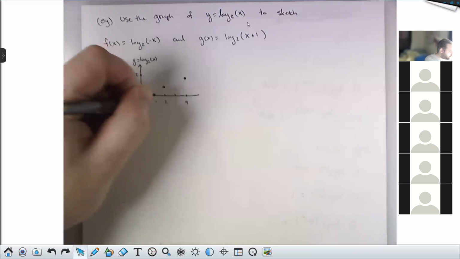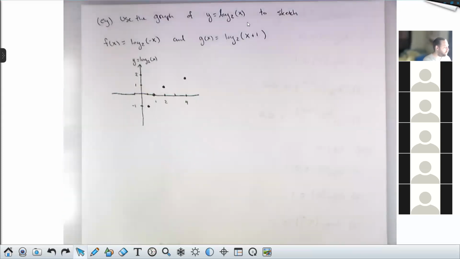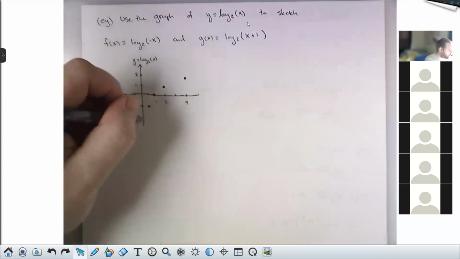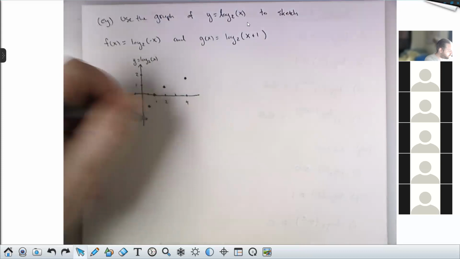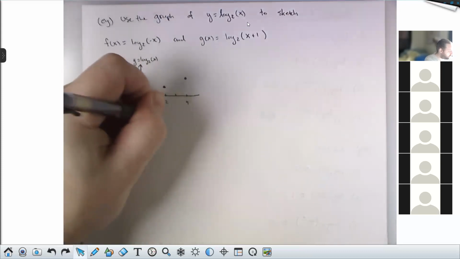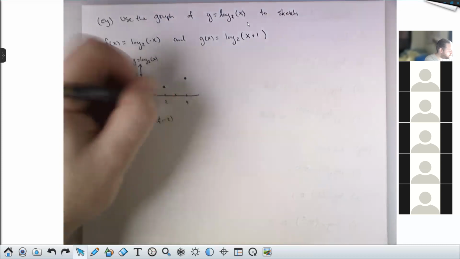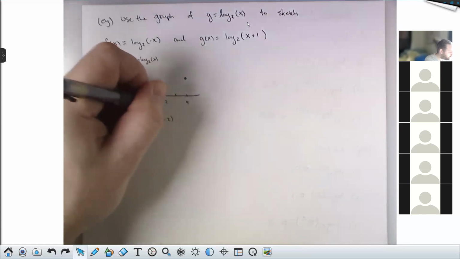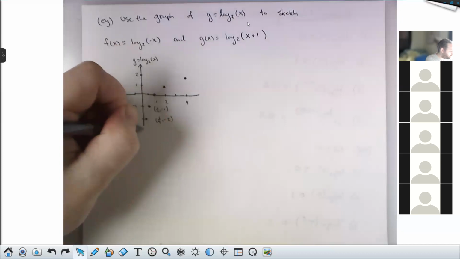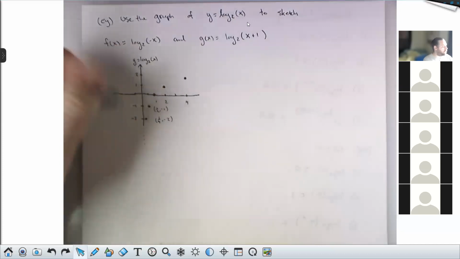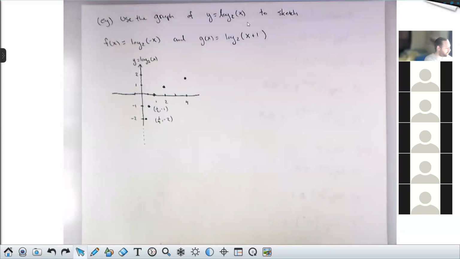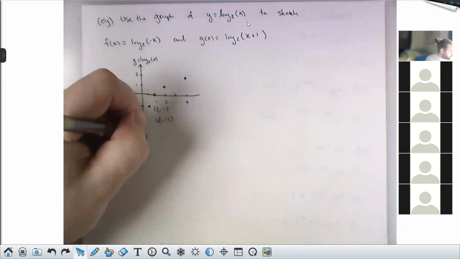If this is -1, then this right here would be the point 1/2, -1, because the base 2 log of 1/2 is -1. And we could even say, if this is -2, then this is the point 1/4, -2. So let me label these. These are kind of tricky ones. Okay. And the horizontal asymptote for the exponential becomes a vertical asymptote for the logarithm.